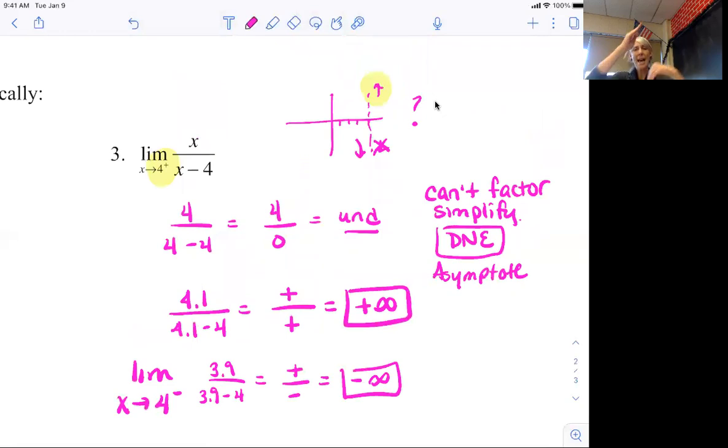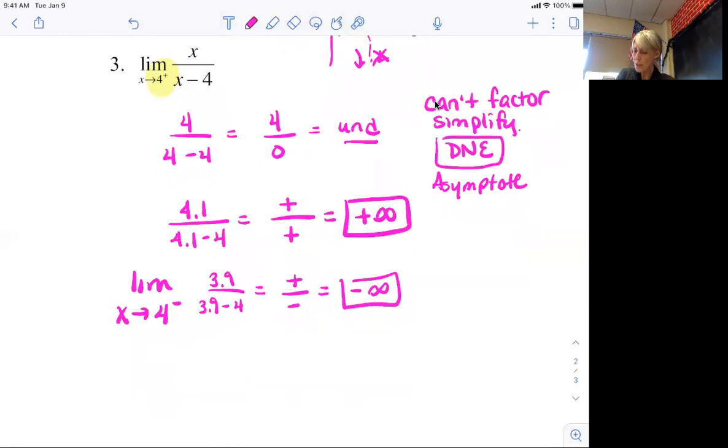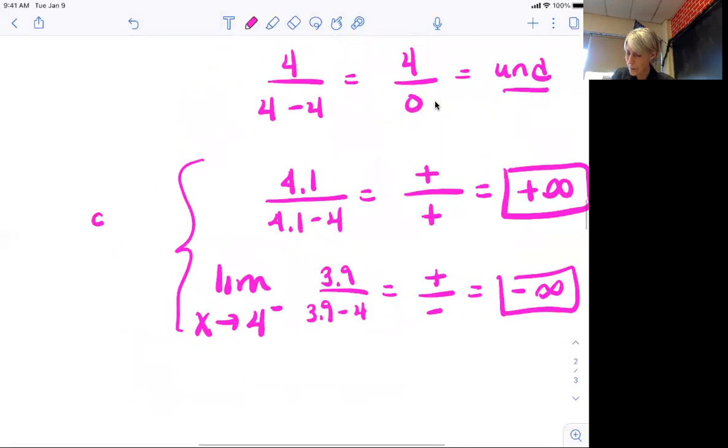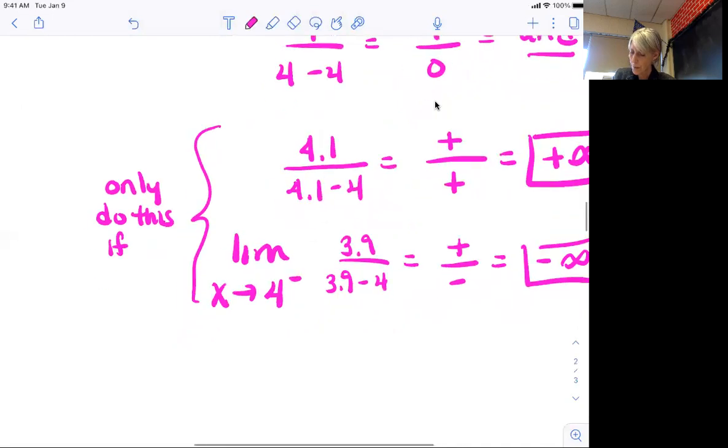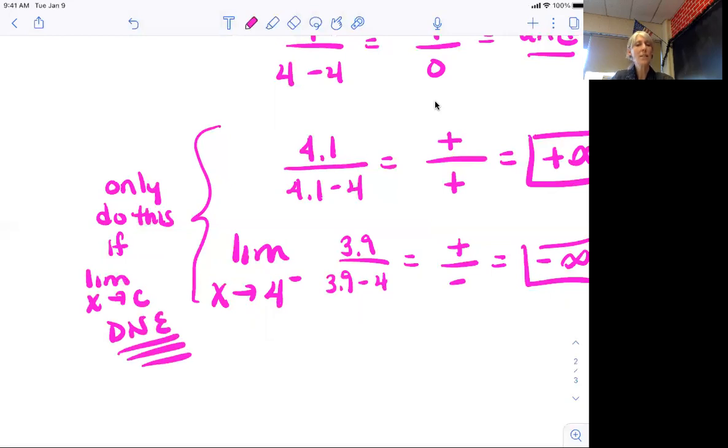Okay, so this analyzes the behavior. You're only going to do these steps only if the limit does not exist, only if after you factor and simplify, you don't get an answer.